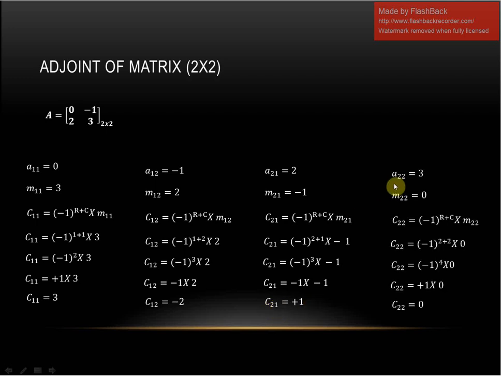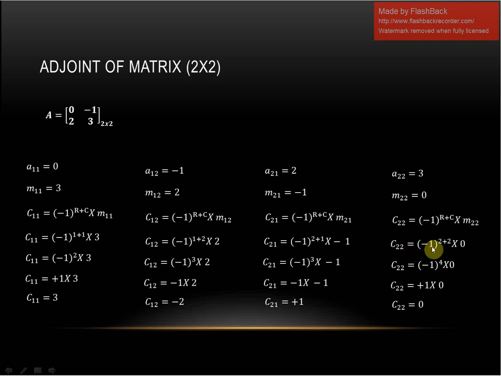Similarly, you will calculate the cofactor associated with the second row and the second column. So A22 is 3. So the minor associated with A22 is 0. You will forget this row and this column. So the numerical value which is left is 0. You will calculate C22 by using the same formula. Okay.